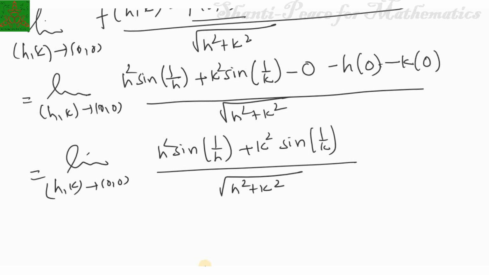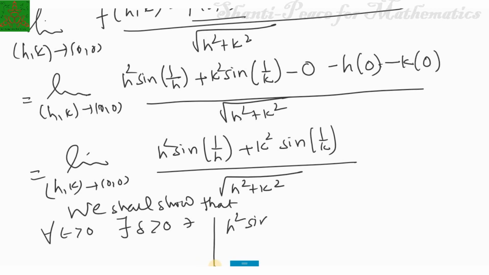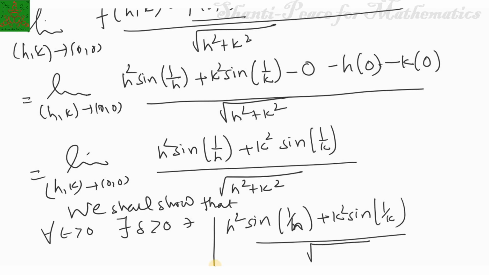So for that I am starting with: for every given epsilon greater than 0 there exists a delta greater than 0 such that, we shall show that the modulus of h squared sine 1/h plus k squared sine 1/k upon square root of h squared plus k squared, minus 0, is less than epsilon.